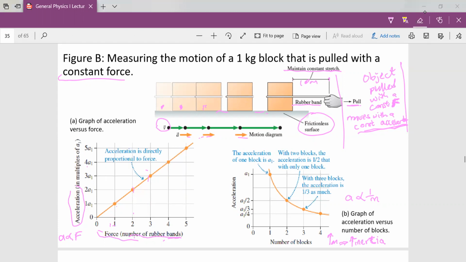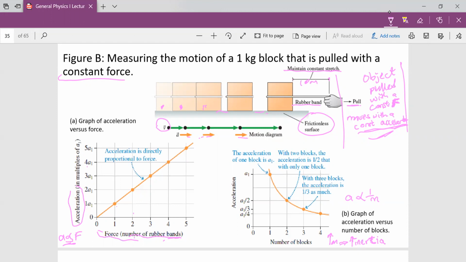Okay, so we'll have on this slide 3 things to keep in mind at the end. We've seen the first one. In this case, and this is the second one. From that experiment, 1 kg block, we keep adding rubber bands, we discovered that acceleration was moving faster and easier on that surface.